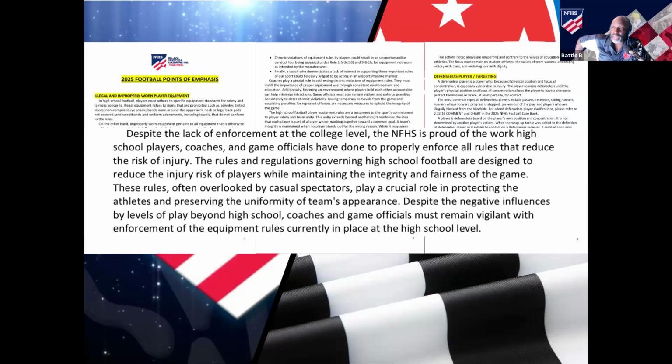Despite the negative influence by levels of play beyond the high school, again, that's what we're dealing with, college, NFL, coaches and game officials must remain vigilant with enforcement of the equipment rules currently placed at the high school level.